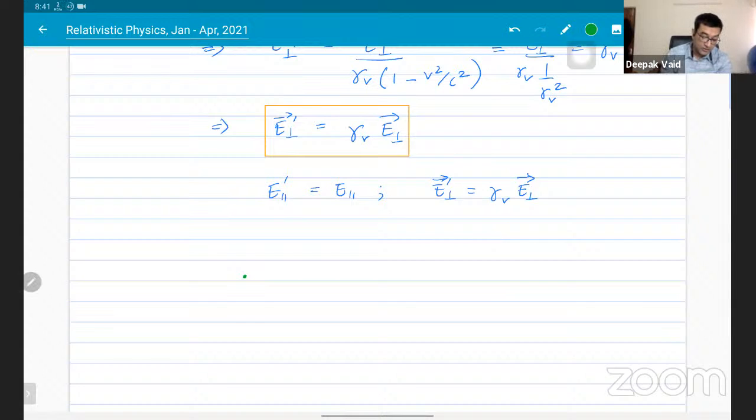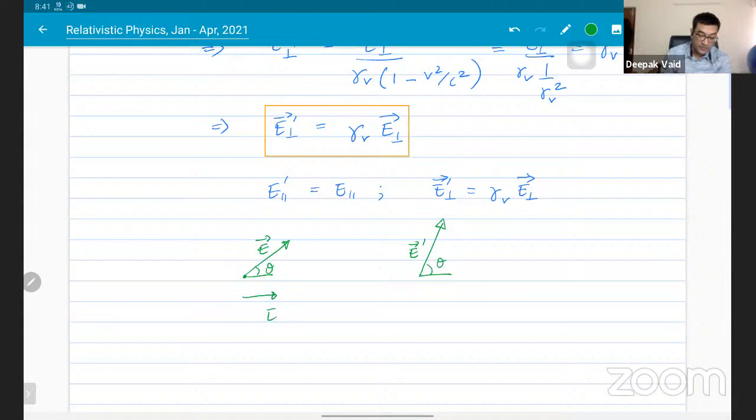So I have some electric field here, E. How does this electric field transform as I go into a different frame of reference? Well, it becomes a little bit different, the angle changes. So this is theta, the angle with respect to the direction of motion. Why?